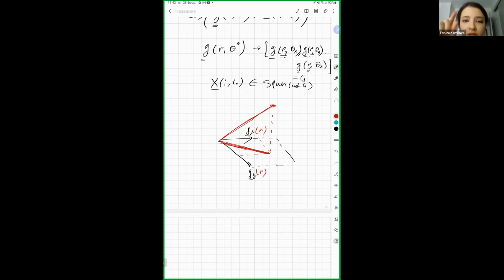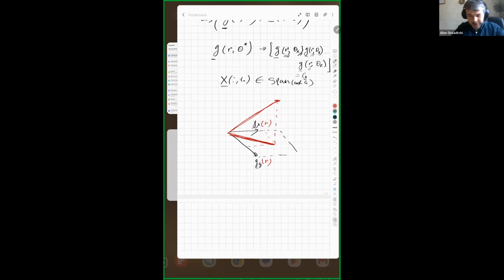Sorry, can you choose another pointer? Yeah, when you are saying this, this way. Okay. So if this original data vector, you think it's that simple? It's not that simple.